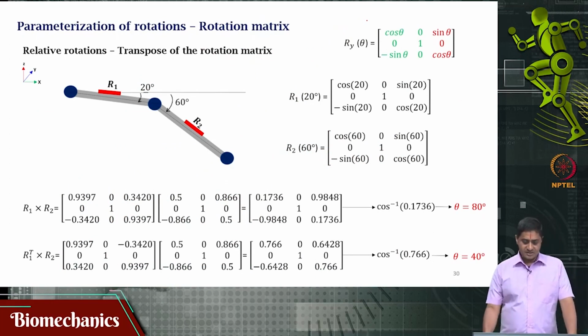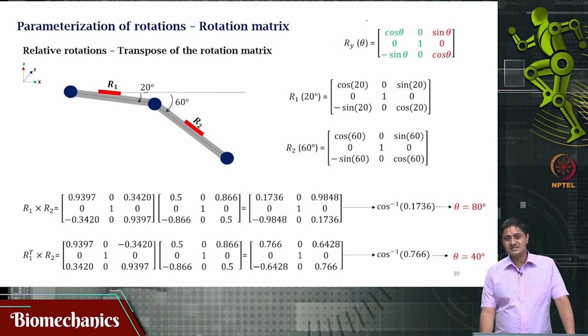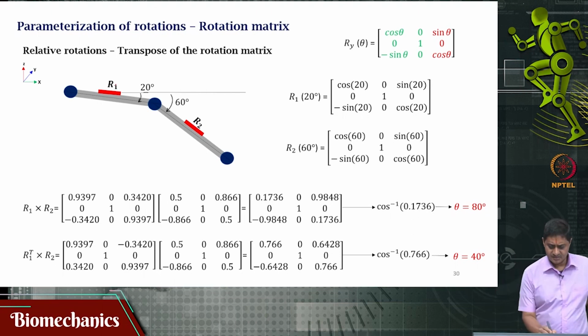Now, I am interested in measuring relative rotations, because what I am working on is finger kinematics, the orientations of fingers with respect to each other. Let us say that I am getting one rotation matrix with respect to some inertial frame of reference.